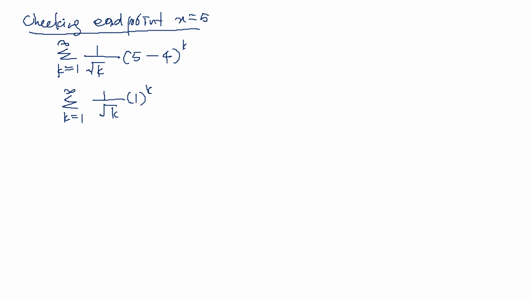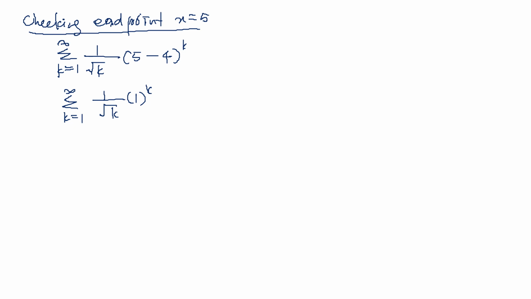So you have to substitute the value x equals 5 into the original series. 5 minus 4 to the power of k. So you will get the series k from 1 to infinity, 1 over square root of k, and then 1 to the power of k.